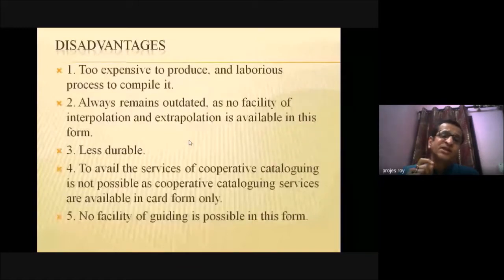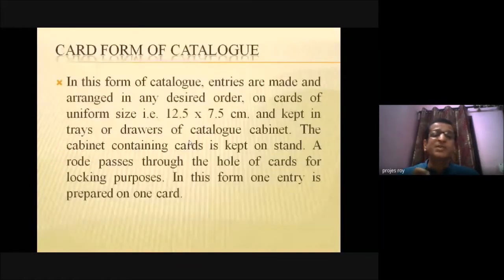The most familiar and popular form of the catalog is the card catalog form. It is of size 12.5 by 7.5 cm. It's kept in the tray or drawer of a catalog cabinet. The cabinet containing cards is kept on a stand, with a rod passed through a hole.